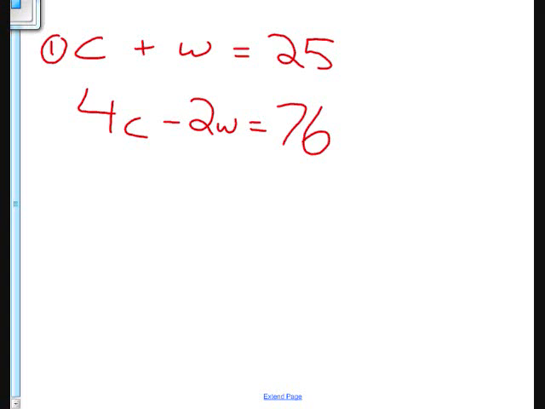Questions on that? Since we have our two equations, how do you want to solve it? Elimination. Okay, what do you want to do? Times this one by 2? Okay, we'll times everything by 2 and get 2C plus 2W equals 50.